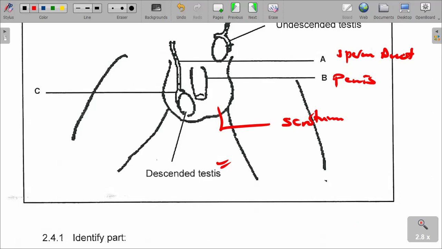So question C, we can say it is the epididymis.